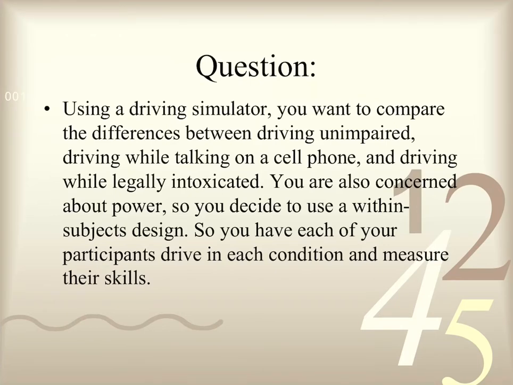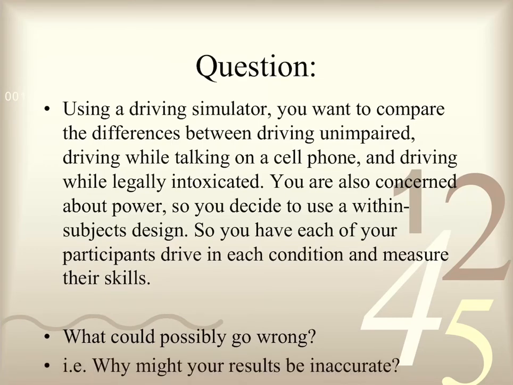So you have each of your participants drive in each condition: 1, unimpaired; 2, on a cell phone; and 3, legally intoxicated. And you measure their skills. In addition to potentially ethical things that could go wrong, what could go wrong in this study? In other words, why might your results be inaccurate? So I want you to pause the video and give your best possible response to this. Don't worry again if it's not right.